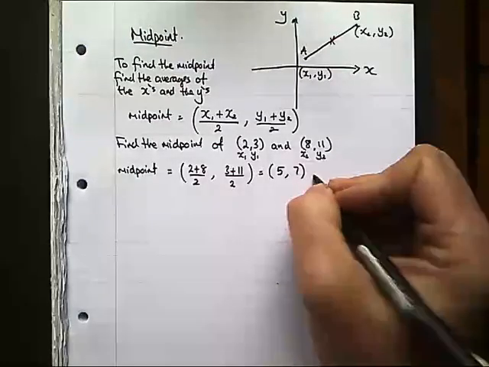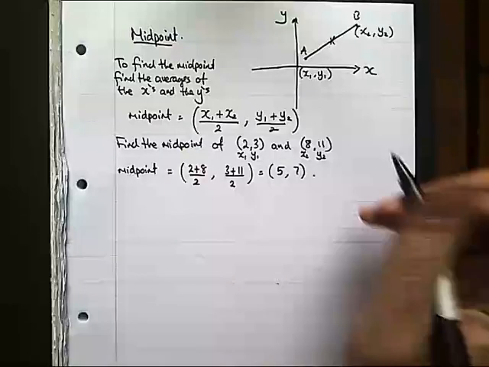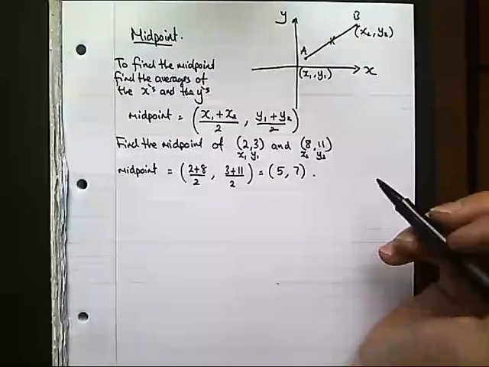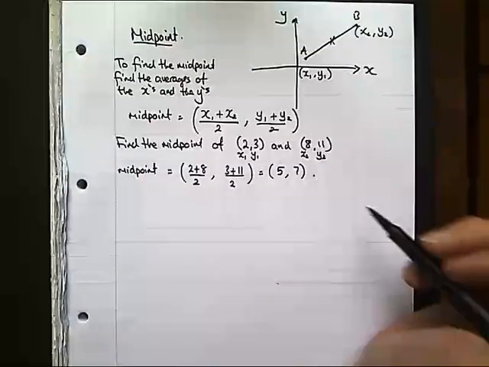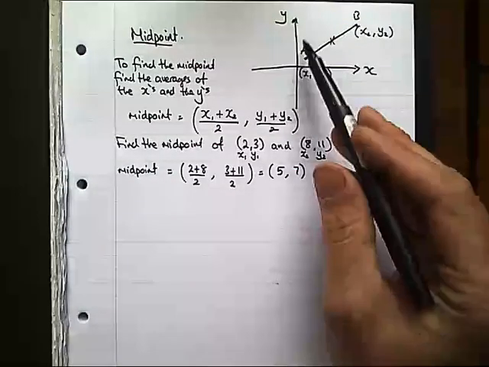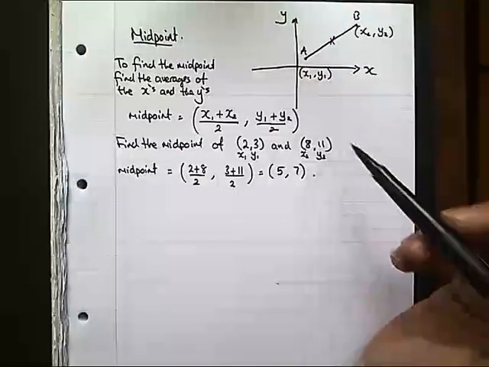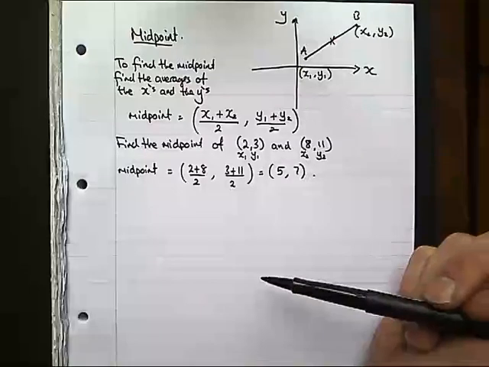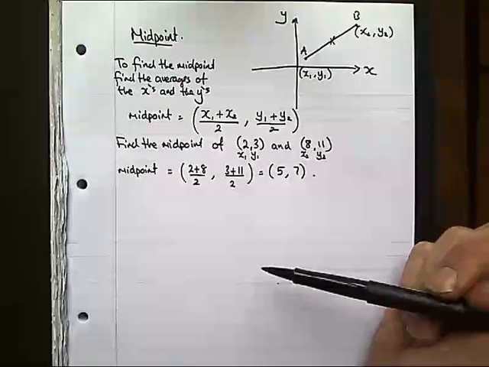And so they're the coordinates of the midpoint of these 2 coordinates. Okay, you could, if you wanted to, sketch yourself a little graph and then draw it on yourself, but you'd have to get your scale on your axes as well. But we're not going to be working with the graphs. I'm going to do as much as I can without the graphs where possible.